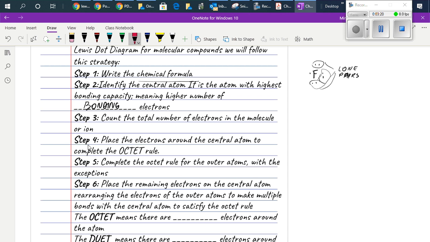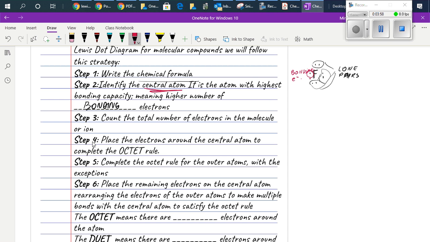However, this electron here that is single is known as the bonding electron, and it is able to accept another electron to create two electrons around the element. So whichever atom has the highest bonding capacity will be able to take the lead and be called the central atom.